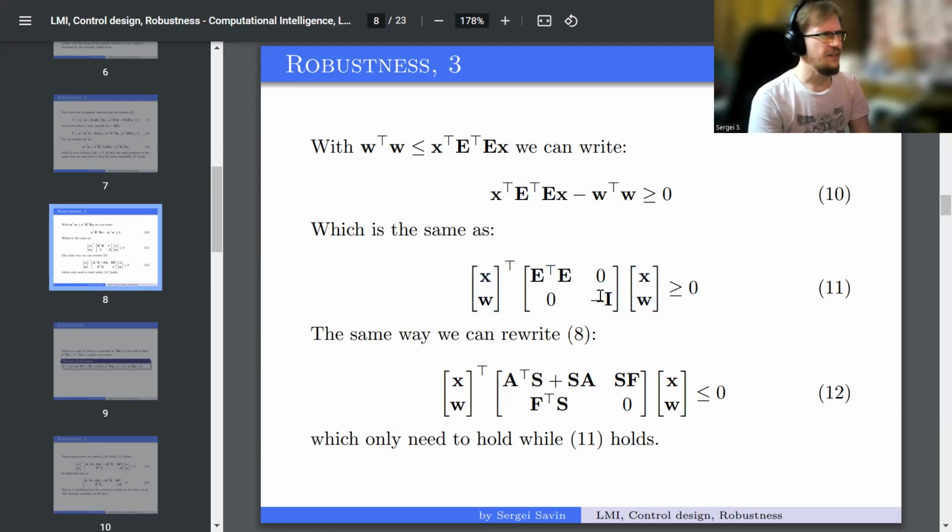Maybe I was just wrong to say anything about this minus sign. Let's stop talking about it. So what we do is we get this matrix, add to it this matrix multiplied by gamma, and we insist that the whole thing is negative definite.